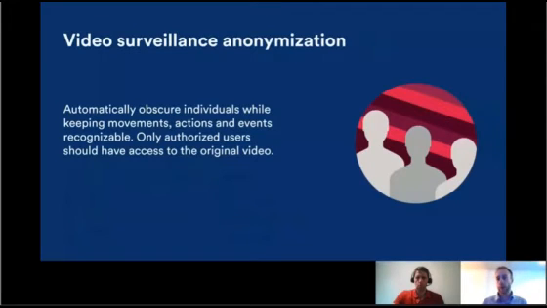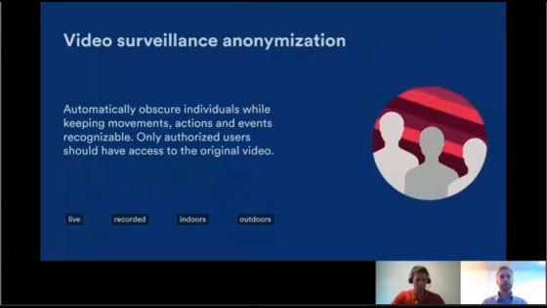It can be used indoors and outdoors. And you can fully customize the way you wish to anonymize people. You can use blurring, pixelization, or fully opaque masks. This is for live and recorded video, and you can apply the 4I principle for those more stringent regulations.